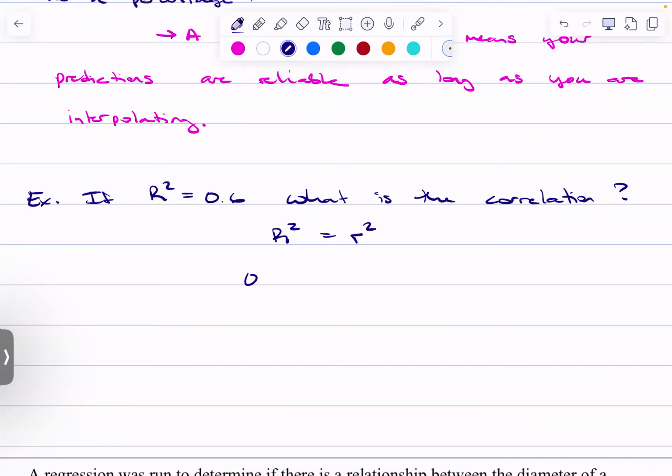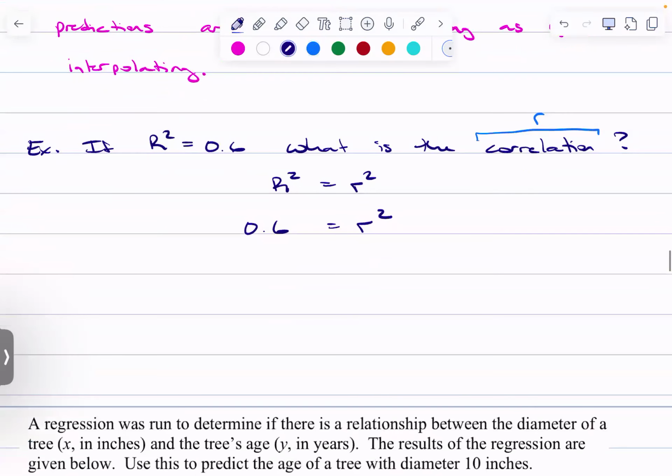And so if the R squared is 0.6, and I want to solve for the correlation, which is your lowercase r, then I can take the square root of both sides, square root of 0.6, but as I already heard murmurs, you want to be careful because you're plus minus, right? Your correlation goes between -1 and 1. How are you going to know which one it is? It can only be one of those, right?